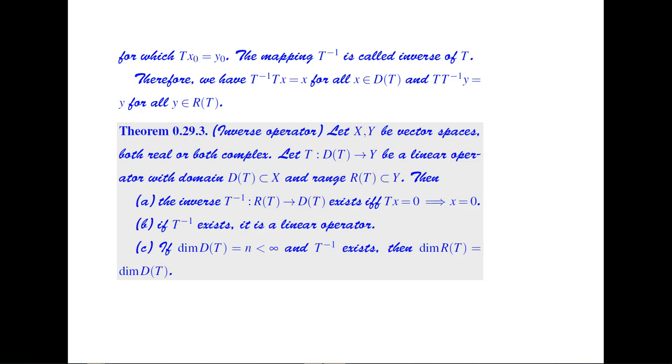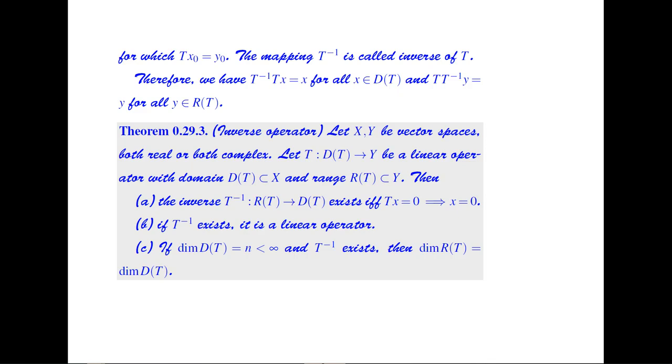Now we define the inverse operator. Let X and Y be vector spaces, both real or complex, and T be a linear operator from the domain of T to Y, with the domain of T a subset of X and the range of T a subset of Y. Then the inverse T inverse from the range space of T into the domain space of T exists if and only if T of x is equal to 0 implies x is equal to 0.